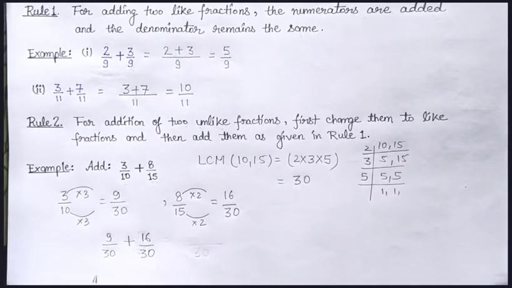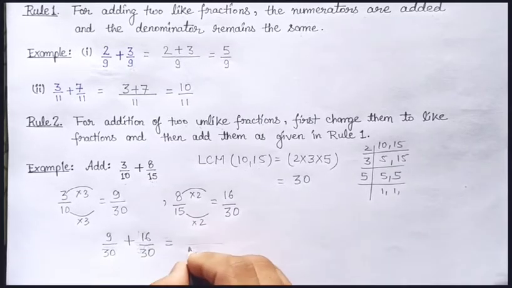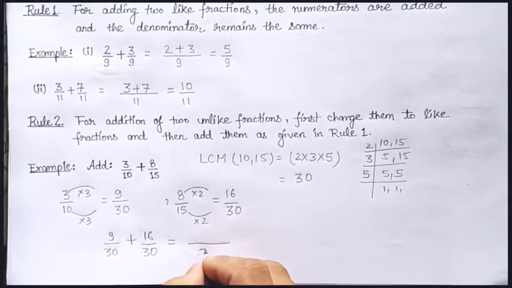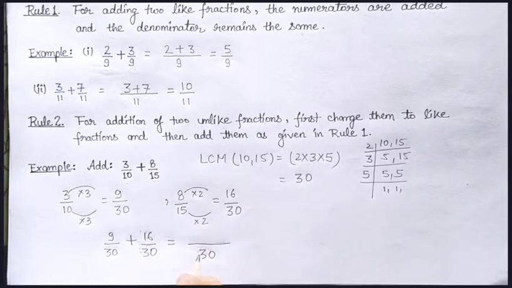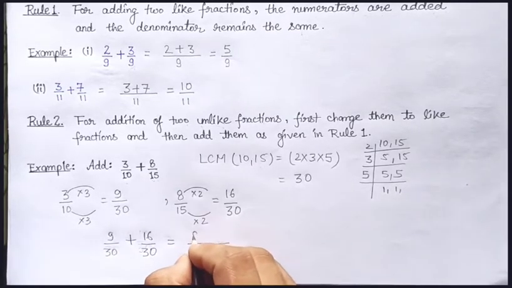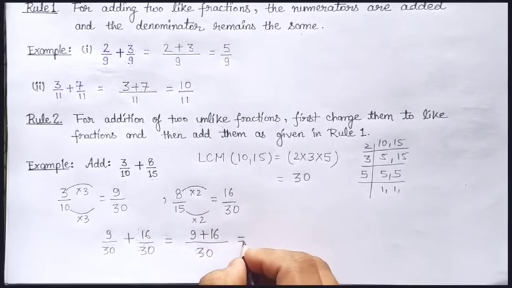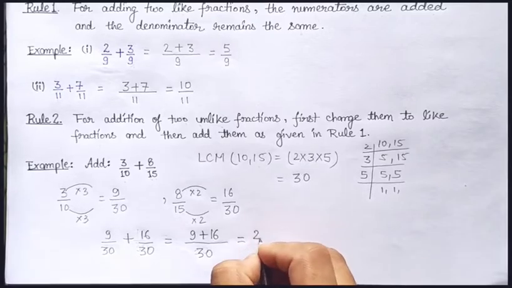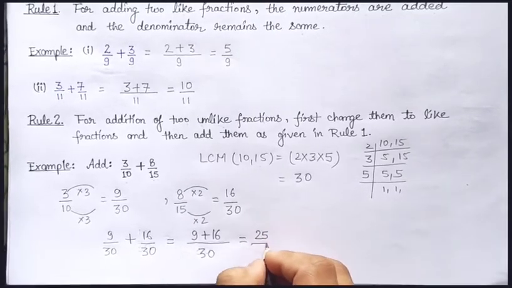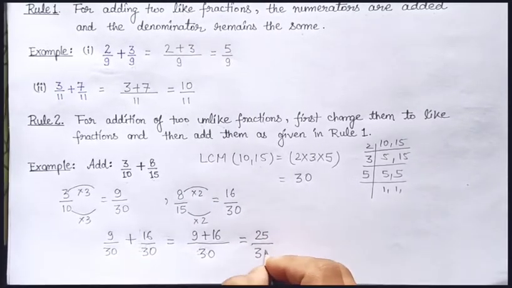We put the same denominator, 30, and in the numerator we add the values, that is 9 plus 16, which is 25, and in the denominator we have 30.